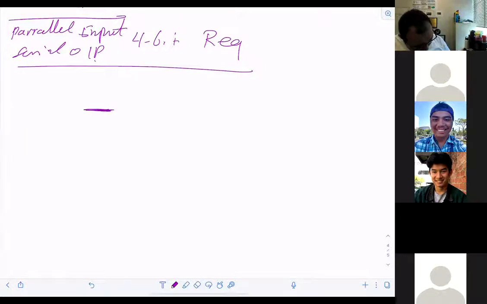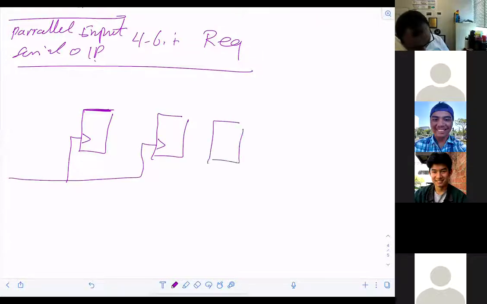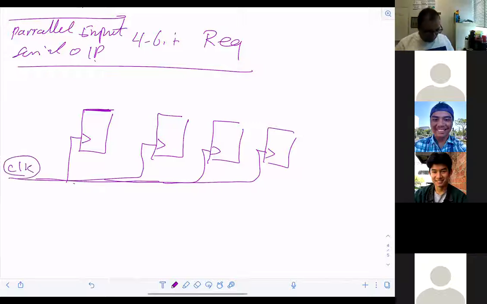It's a naive design. So basically you already have here clock, and we said that's D flip-flop. So we have here DQ, DQ, DQ, DQ, and this is D flip-flop 3, D flip-flop 2, D flip-flop 1, D flip-flop 0.